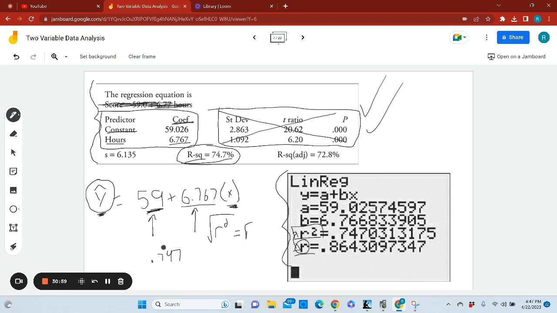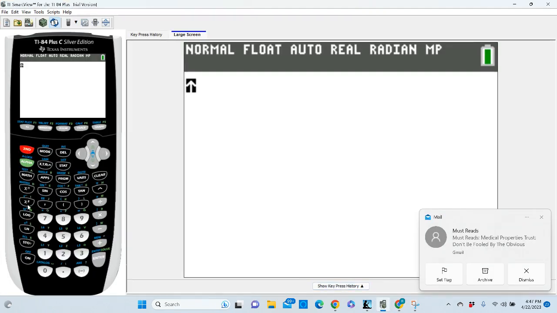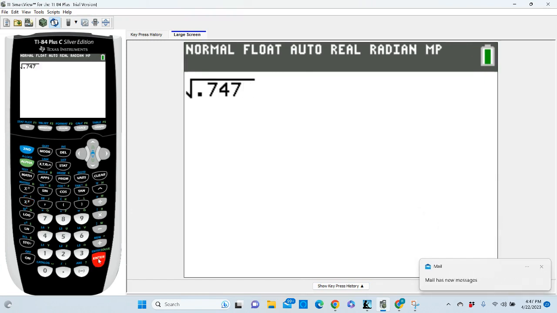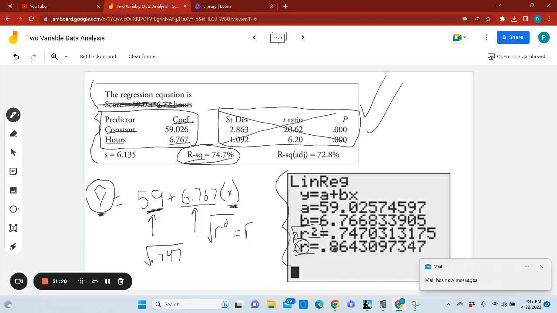So if I want to define the correlation coefficient, or r, I would have to take the square root of this number, all right? So I can pull up my calculator here and take the square root of 0.747, and it gives me 0.8682, and we're slightly off, right? But it's still the 0.86 because I didn't take the square root of this whole r squared number, right? They rounded it off in the computer output.